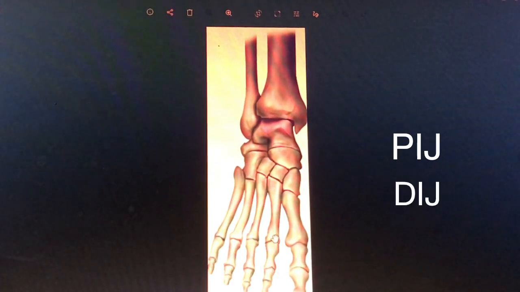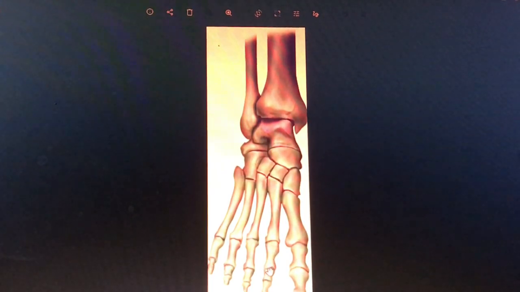So this is proximal interphalangeal joint, this is intermediate, and this is distal. You understand? Because this one has 3 joints. The same thing applies to this side. So basically, this is what I want us to look at concerning the foot.